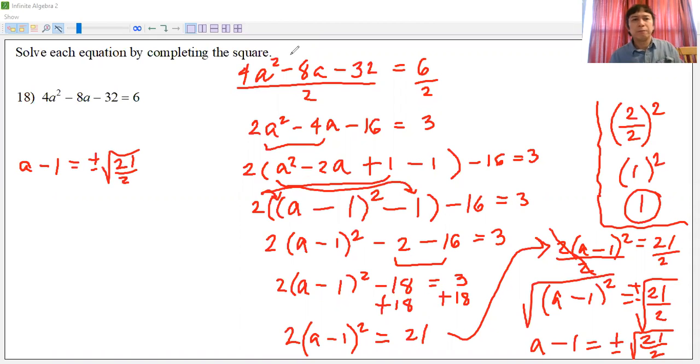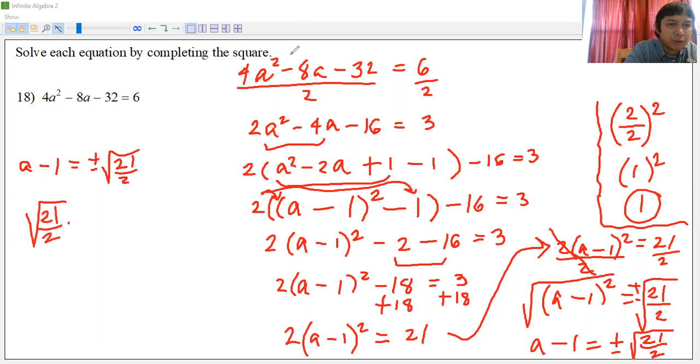Okay, now we shall simplify that square root of 21 over 2 by introducing square root of 2 over square root of 2. Okay, just like what we did a while ago. All right, let me just do that separately. Square root of 21 over 2.